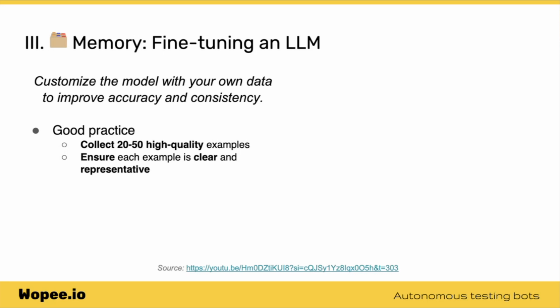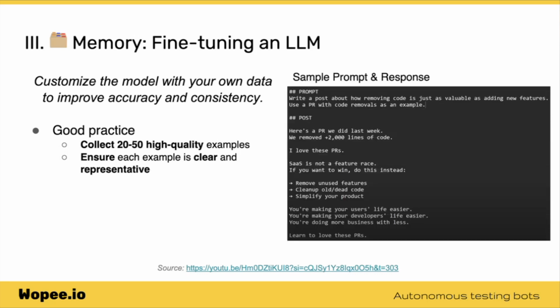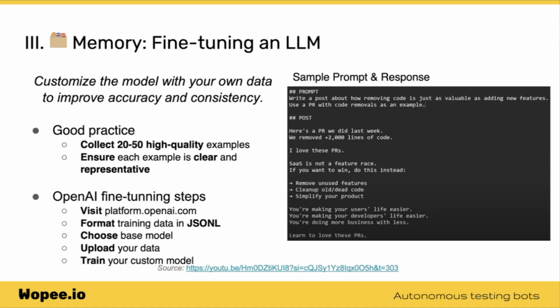But basically, a good practice is to prepare 20 to 50 very high-quality examples: what is the prompt and what you expect as a result? Once you have it, you need to prepare it in some format. This is just an example from the video I mentioned, but you need to prepare it in JSONL format, which is a format that can be taken by OpenAI. And this is an example of how you could do that.